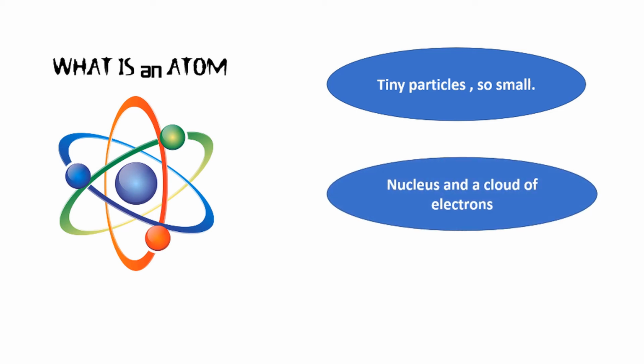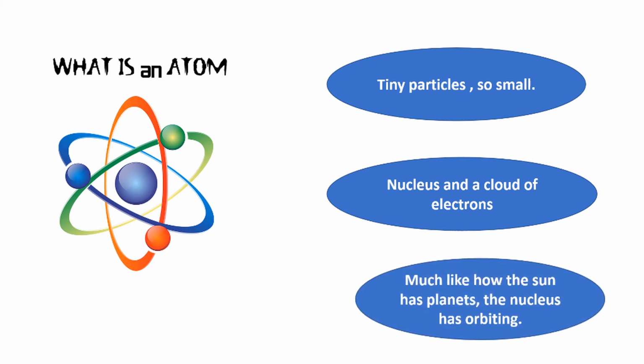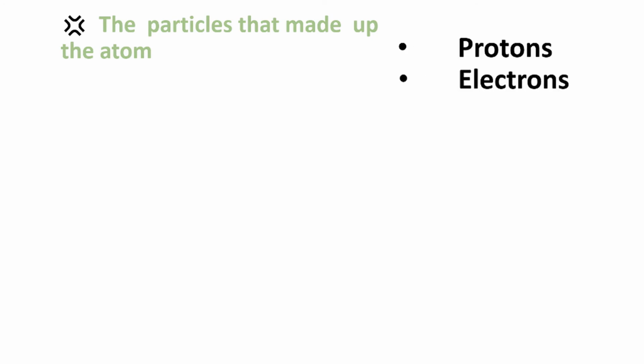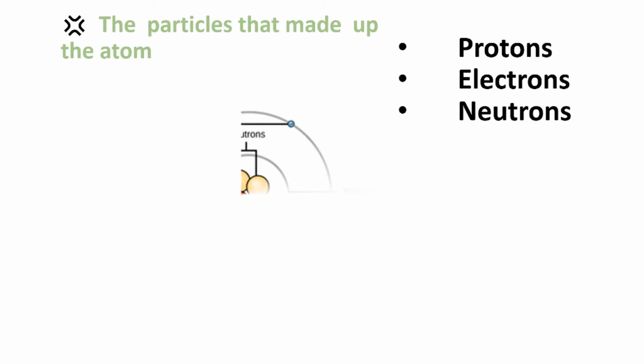An atom consists of a nucleus and a cloud of electrons. Much like how the sun has planets, the nucleus has orbiting electrons. The particles that make up the atom are protons, electrons, and neutrons.